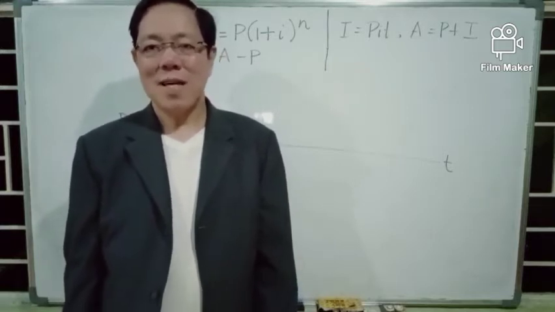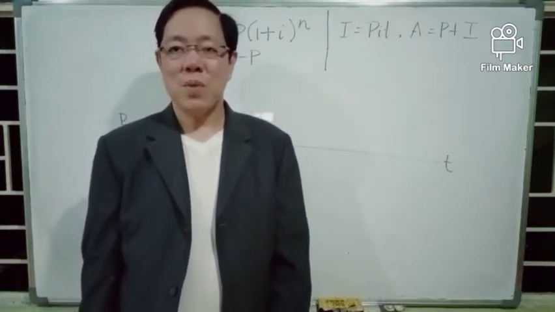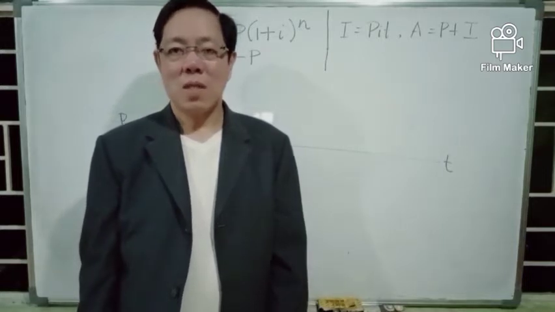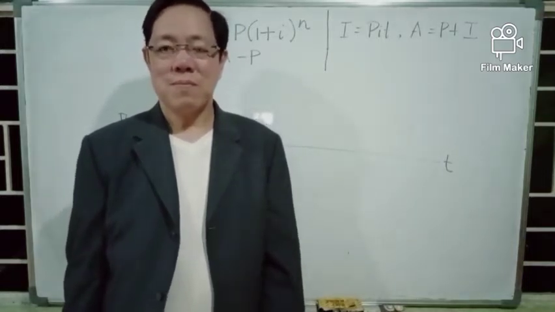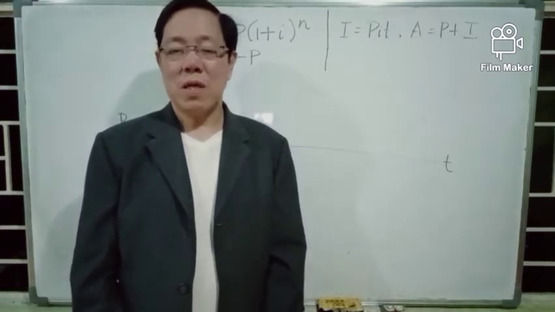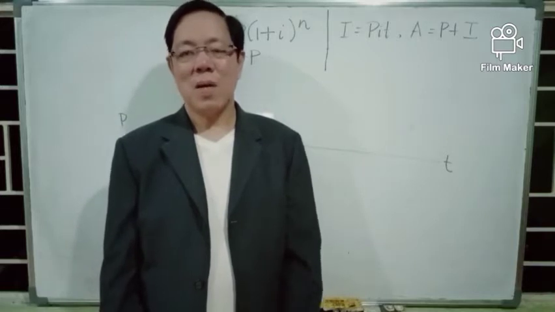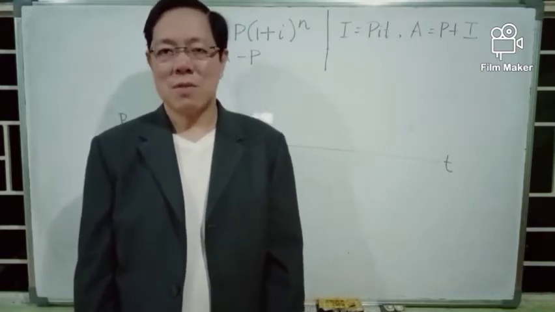While in compound interest rate, the amount of interest is computed more than once, depending on the number of times that interest will be computed in 1 year, which will be indicated by the given compound interest rate.